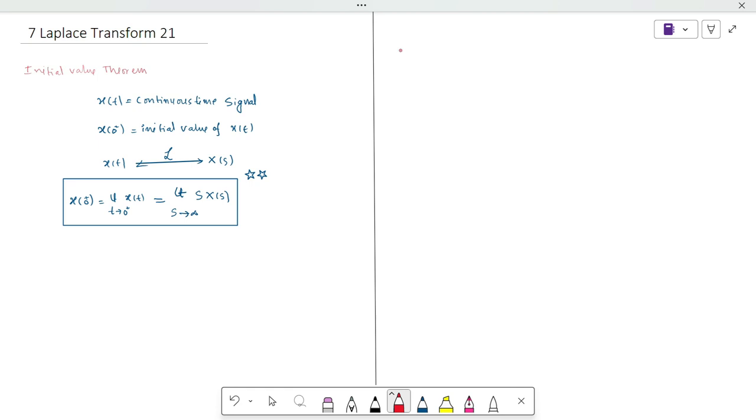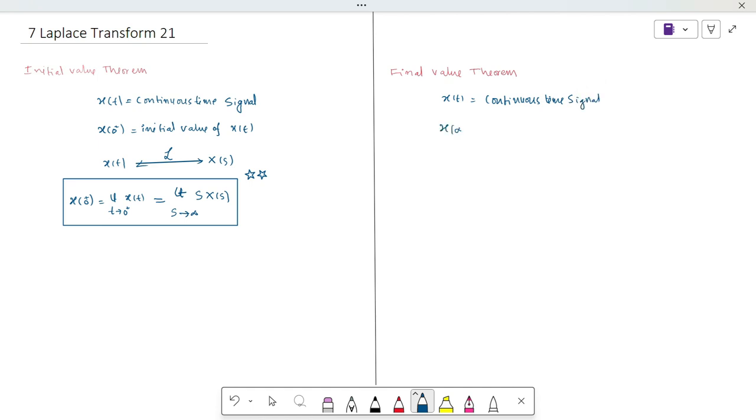Next, the last one, the final value theorem. Here also x of t is a continuous time signal.